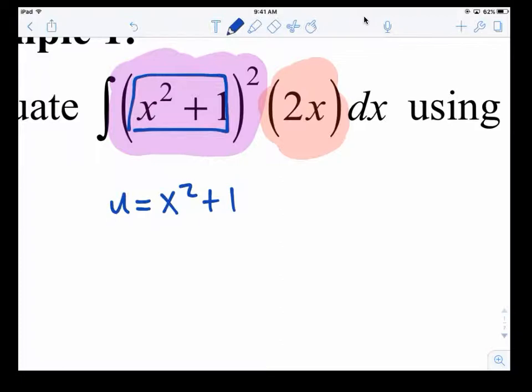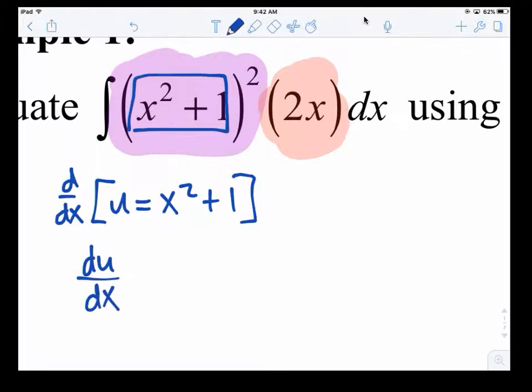The rule says if you have your inside function, when you take its derivative it should also be present. So what we're going to do is take the derivative with respect to x. When I take the derivative of u, I get du over dx, right?